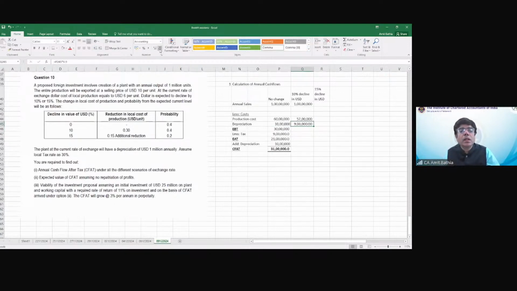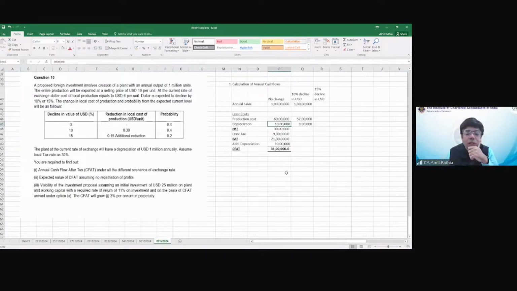It will be 9 lakhs. Are you with me? Sir, please explain once again. Yes. Your depreciation is 1 million USD, that is 10 lakhs.